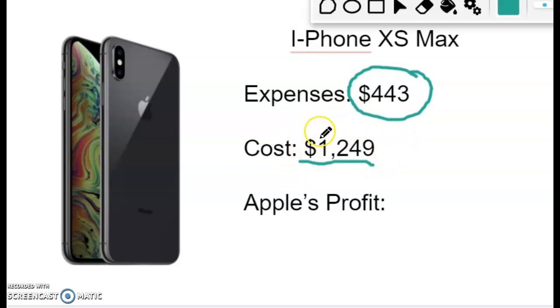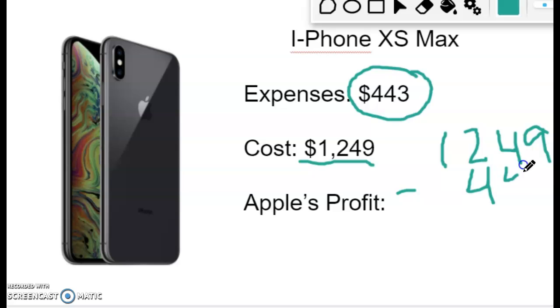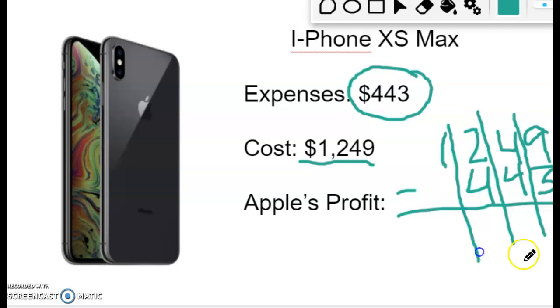So we're going to do $1,249 minus $443. Because remember, when we find profit, we have to make sure that we account for those expenses. So I've got my place values lined up, and we're going to go ahead and subtract. 9 minus 3 is 6. 4 minus 4 is 0. 2 minus 4 is 2. 1 minus 0 is 1.